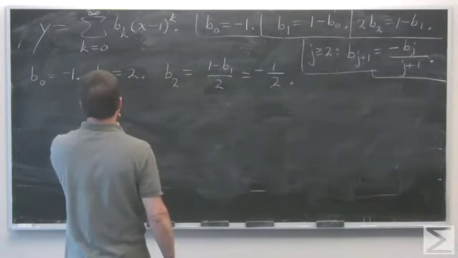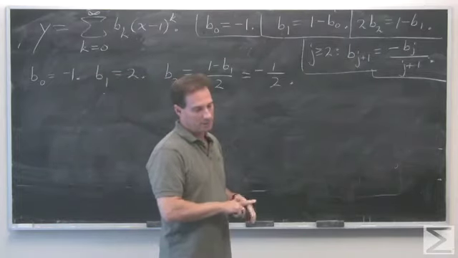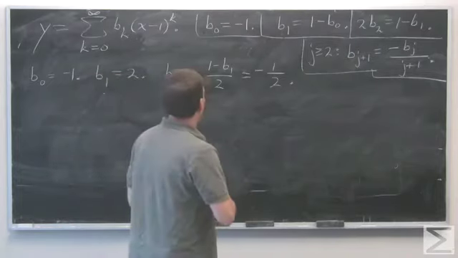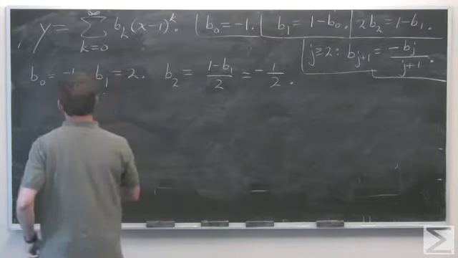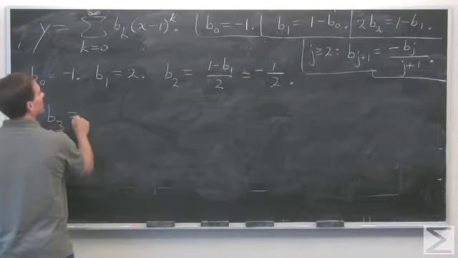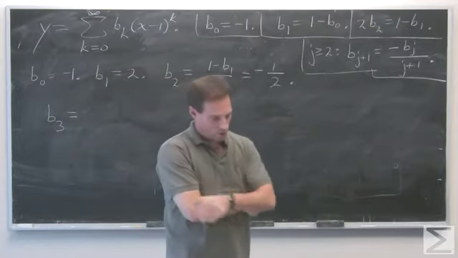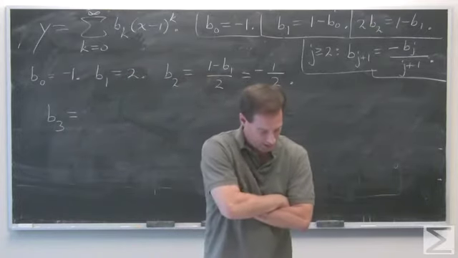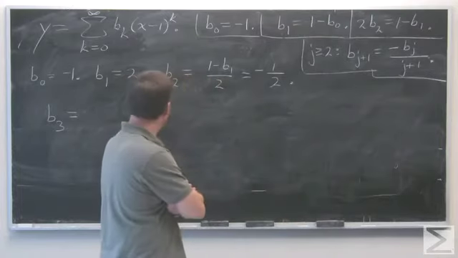Okay, how does our other iterative formula go? It tells us that B sub 3 is, actually let me check our work. It looks to me like I'm getting something that I shouldn't be getting.